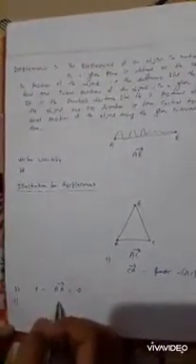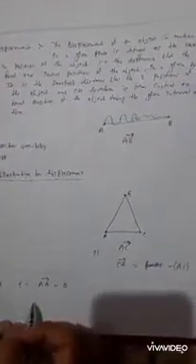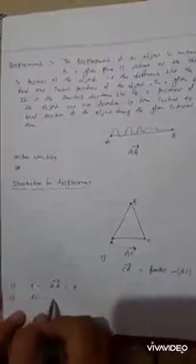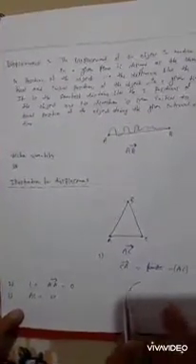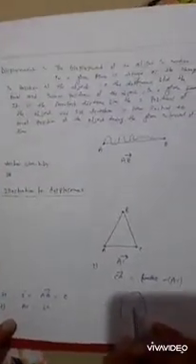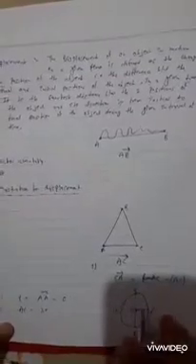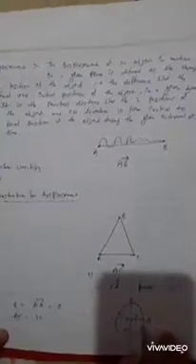Third point is the displacement of the object for the motion along a circular path. Now suppose this is your circular path and it starts moving. That is point A, this is point B, this point C, that is D. This is the radius, and this will also be the radius.